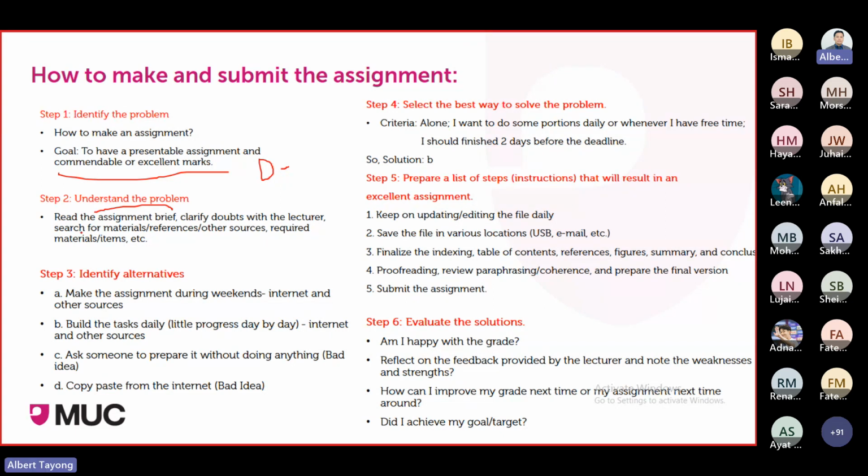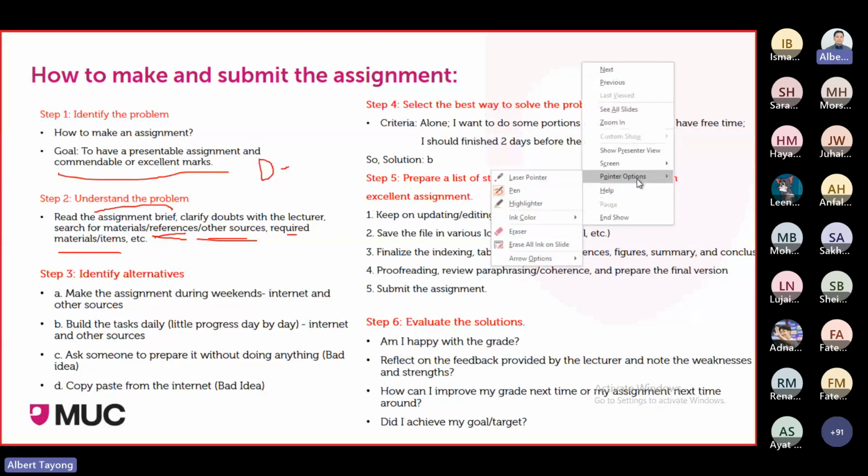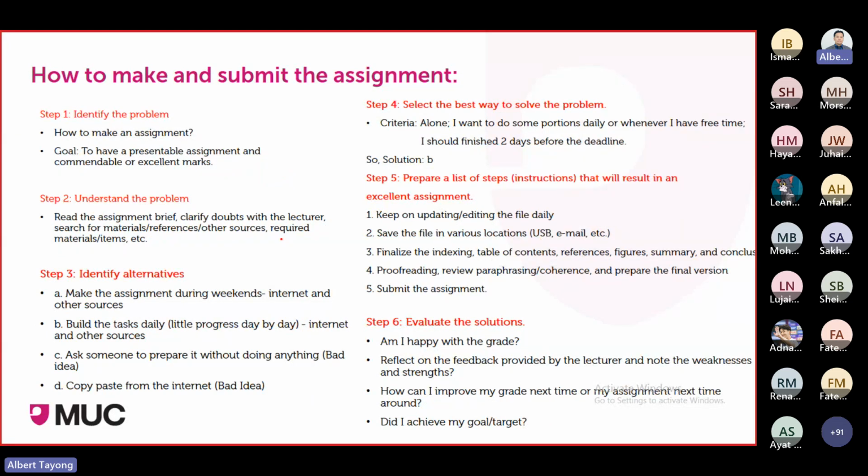And of course, you search for materials, references. That means from where you're going to get the ideas, the information. What items do you need, for example? Okay? Because sometimes an assignment involves some other requirement, some materials. It could be a type of a project, for example.